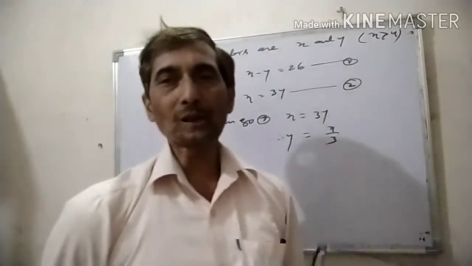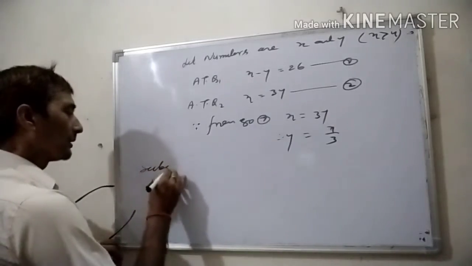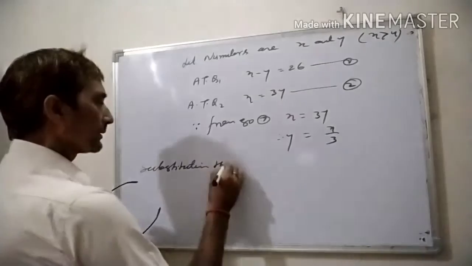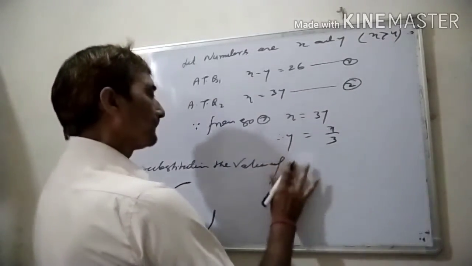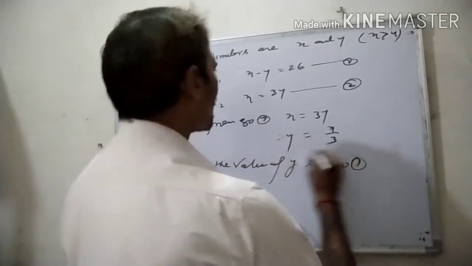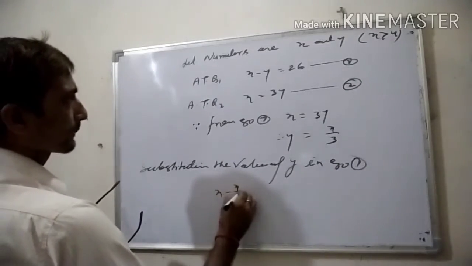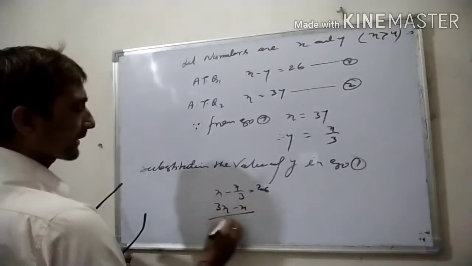Substituting the value of y in equation number first, you will get x minus x by 3 equal to 26.